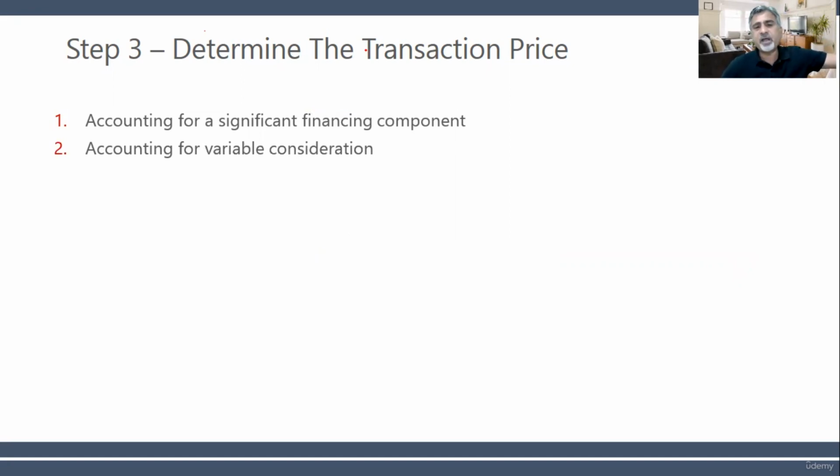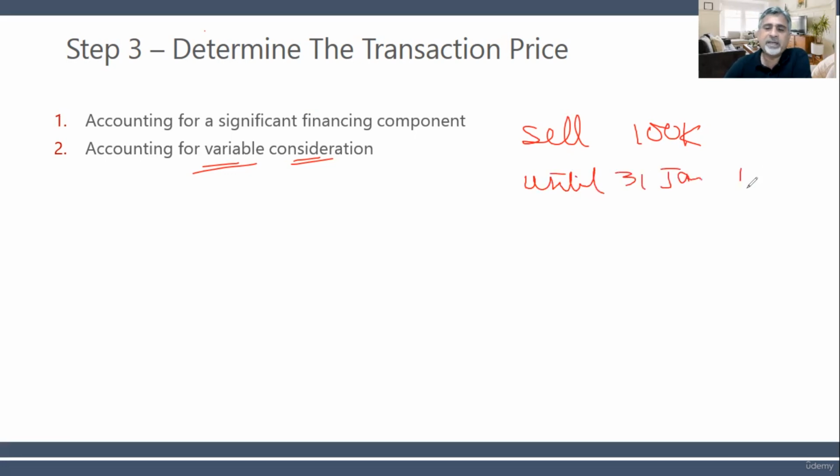Then you might have accounting for variable consideration. Variable consideration means where the price can change. For example, I'm selling some goods to my customer for 100K, and I say that if you pay me until 31st of January, I'll take 100K. If you pay until 28th of February, I will charge you 105.